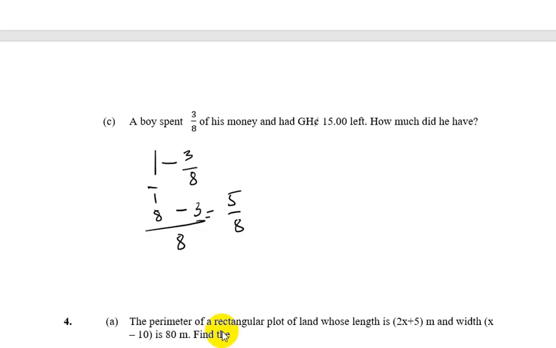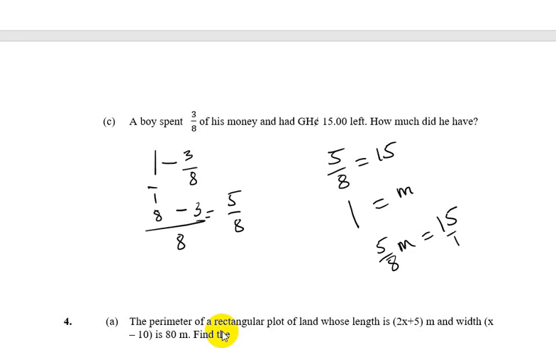So the fraction left, 5/8, is equal to the 15 Ghana cedis. But 1 is the total, as far as the fraction is concerned, and we don't know the total. So we cross multiply. I'm going to get 5 over 8 times m being equal to 15 over 1.